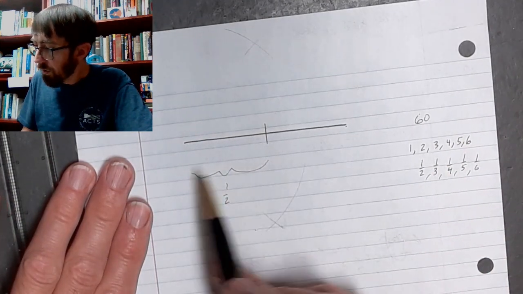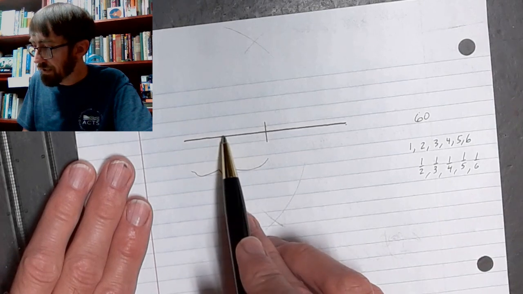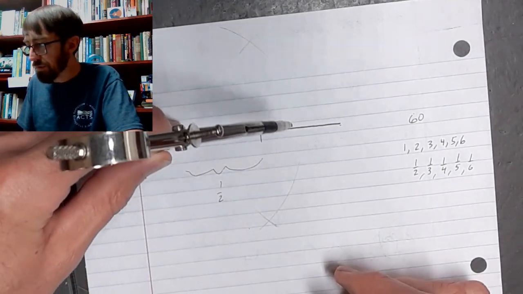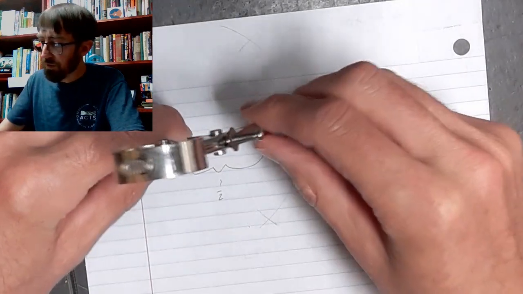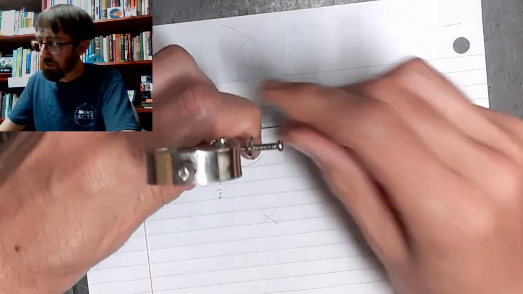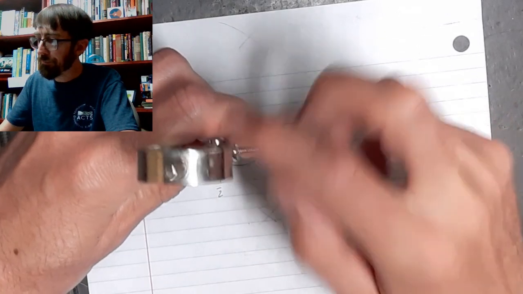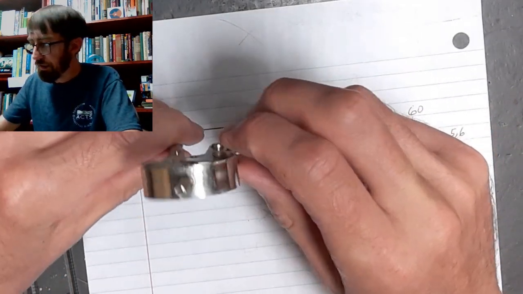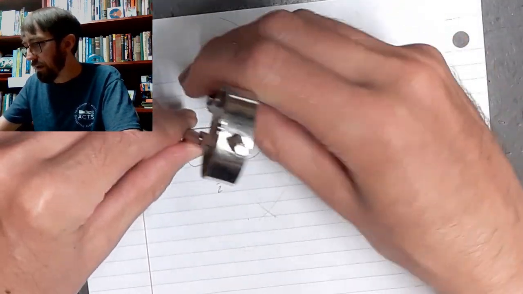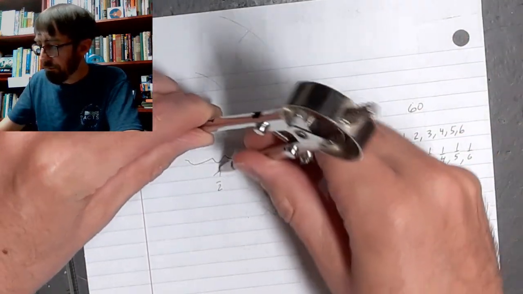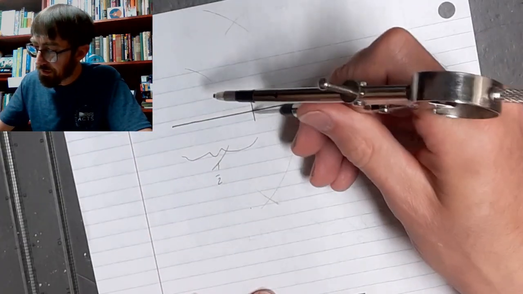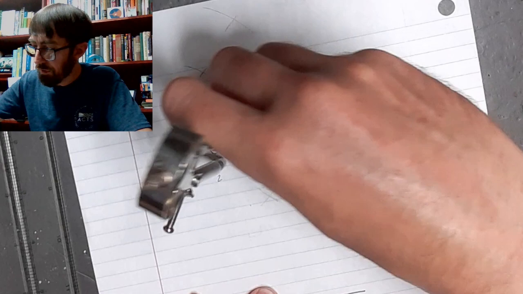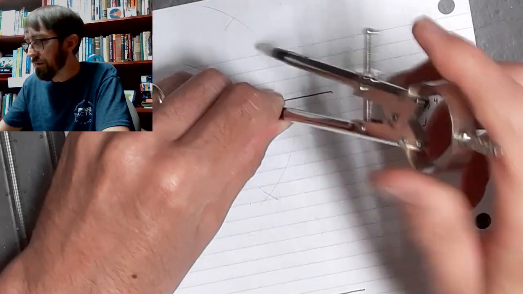half. We're going to go ahead and bisect each side of this as well using the same procedure. So we want to be beyond what we believe is the halfway point. Going to readjust my pair of compasses here, and we're going to make an arc above and below. Flip to the other side, above, below, and I'm going to do that on the other side.